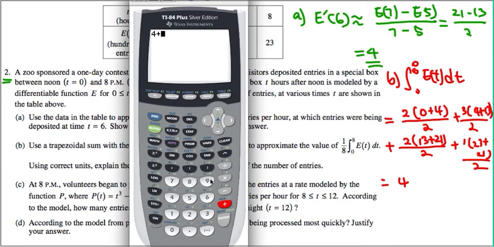The second one is 1.5 times 17, plus the third one, which is simply 34, because the 2 and 2 cancel out. And then the last one is 21 plus 23 divided by 2, which becomes 22. Then we get 85.5.